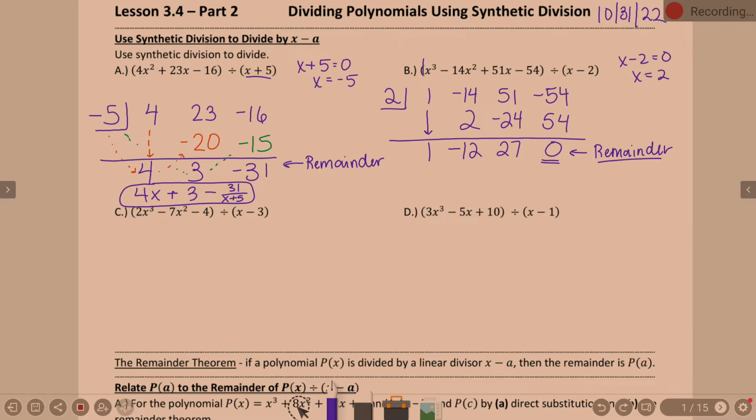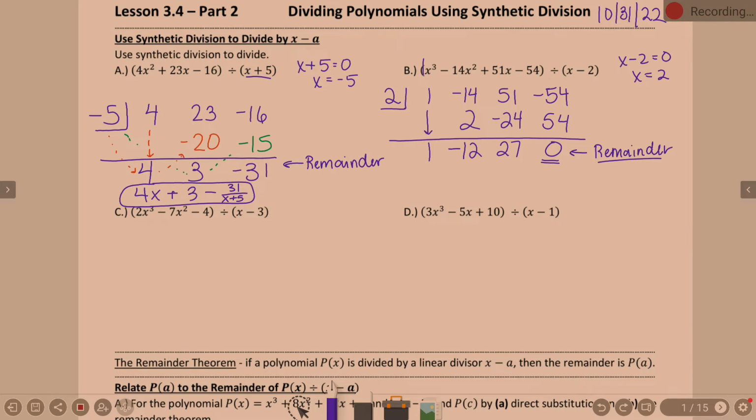Because remember, it was x to the third originally.